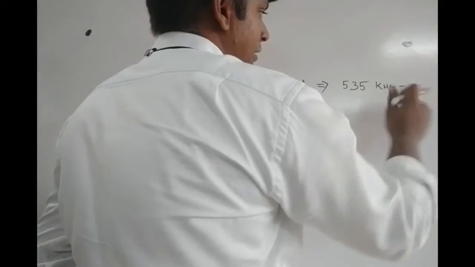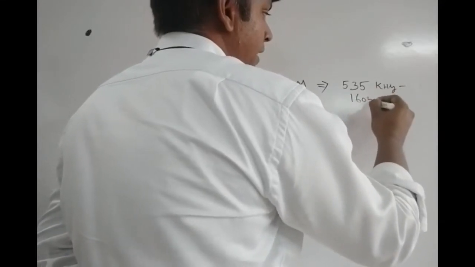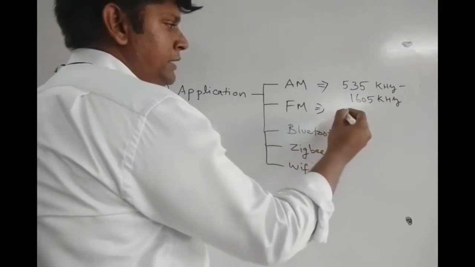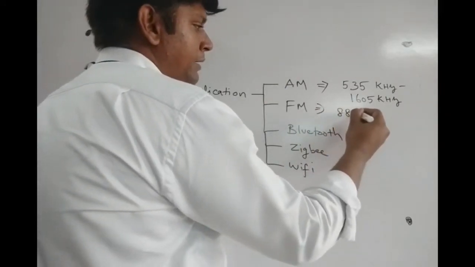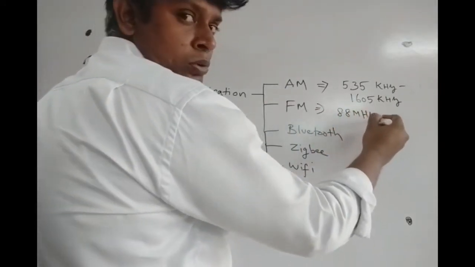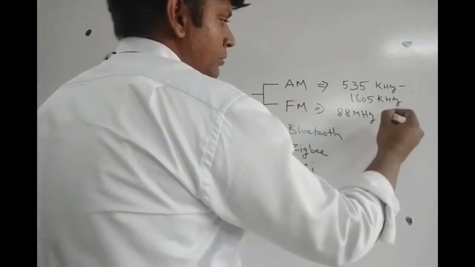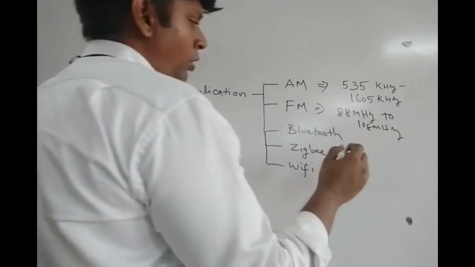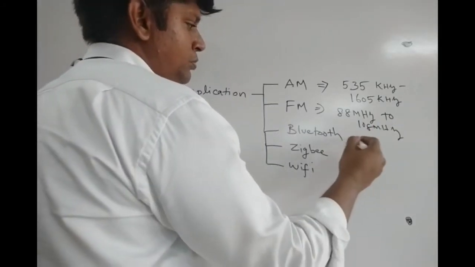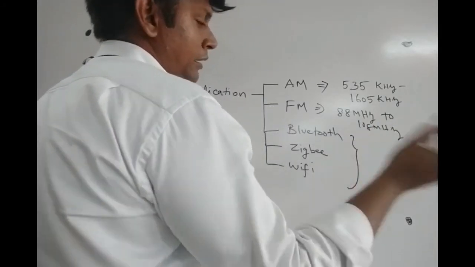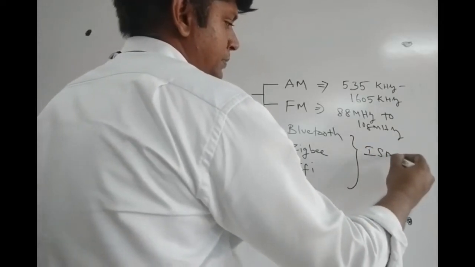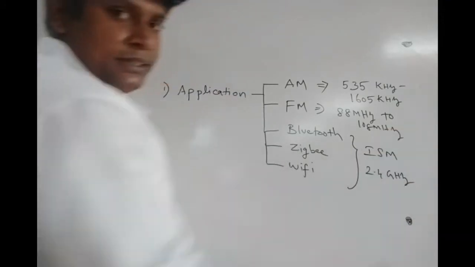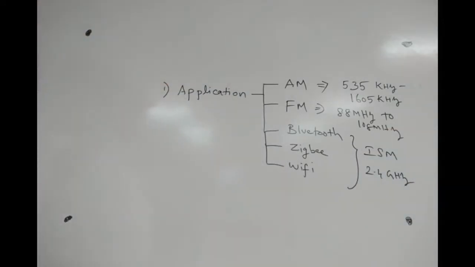And for FM it is 88 megahertz to 108 megahertz. And all these technologies work in the ISM band, specifically 2.4 gigahertz. Okay, all these things work in the ISM bands.